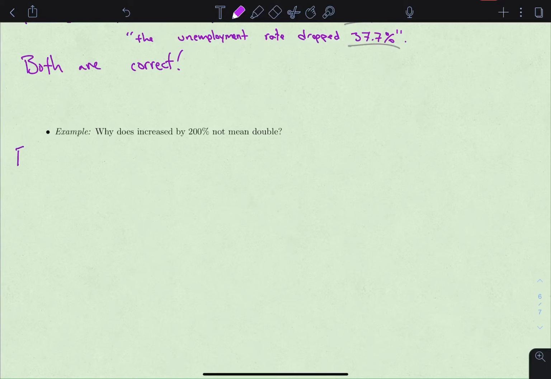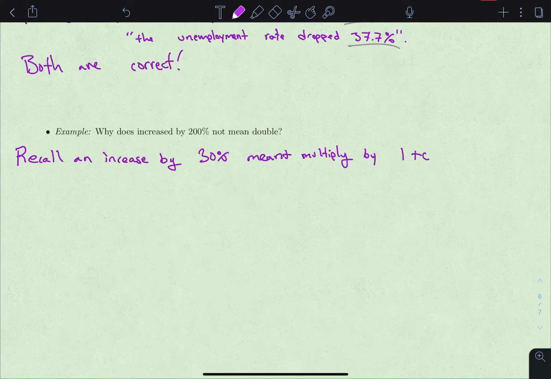Let's recall an increase by something like 30% meant multiply by 1 plus 0.30 equals 1.30. See, like multiply by 1 plus the percent represented as a decimal.